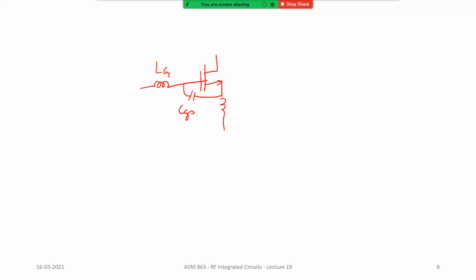Now this LG will obviously have a certain Q factor, and this Q factor will contribute to a series resistance, and that will of course directly add to the noise figure.